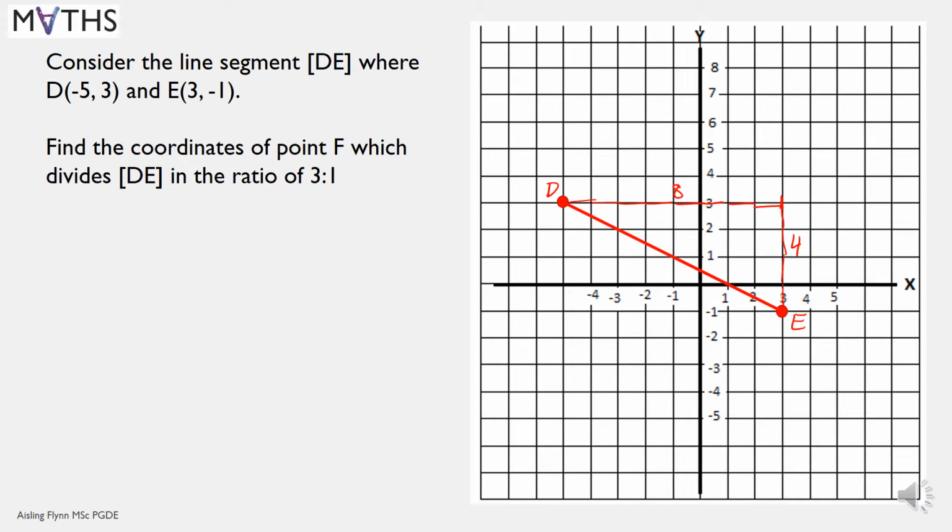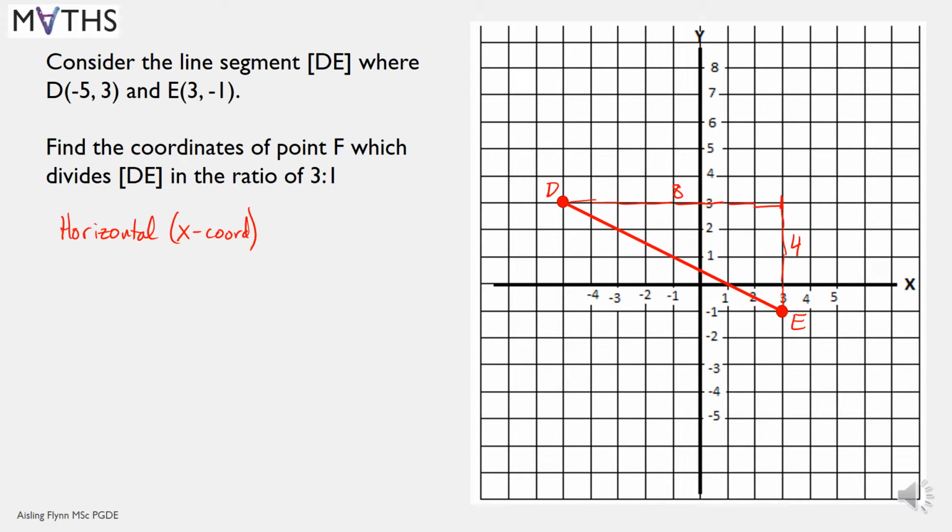If we were separately to divide the horizontal distance in the ratio of 3:1 and the vertical distance in the ratio of 3:1, then we should be able to find the point that divides overall in that ratio. So let's take the 8 units horizontal, which will bring us to the x coordinate.